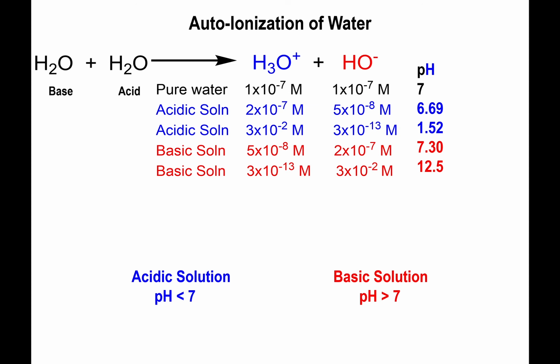And when you're mixing acids and bases, you may need to look at which one is the limiting reactant to find out which substance is in excess, to determine whether you end up with a basic or acidic solution at the end. And just for reference, the pH scale goes from 0 to 14, which is usually where you'll be when using water as your solvent.